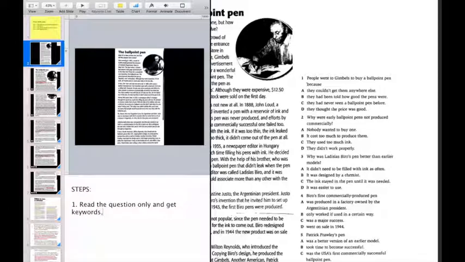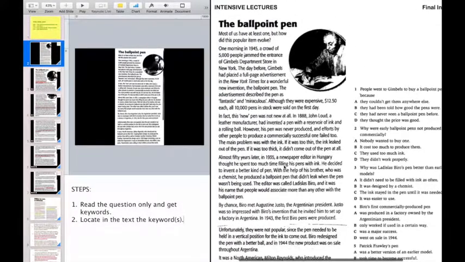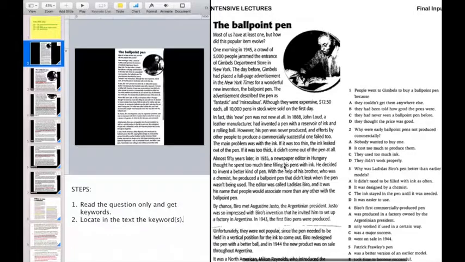And from there, they locate in the text the keyword or words that they have chosen. Now again, this is a skimming activity, which means they just need to look for keywords.